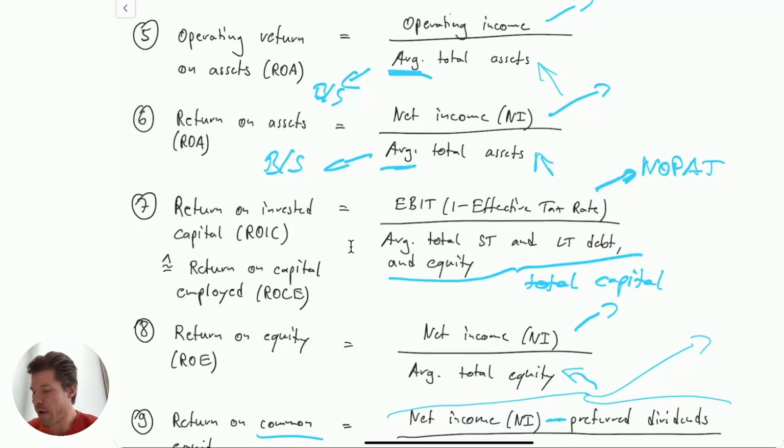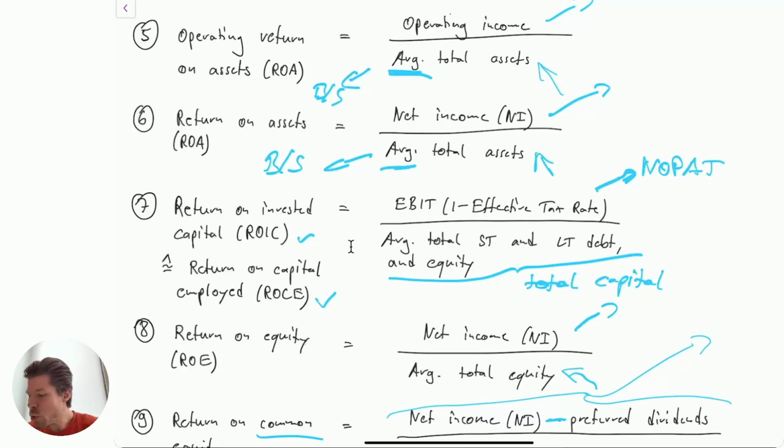There's another one, return on capital employed. Capital employed and invested capital are all the same. I think there are a few minor differences, but 99% of the time you can use them interchangeably. Some analysts say return on invested capital measures how well a company generates profit from both equity and debt capital, which makes sense. Return on capital employed is similar, sometimes uses EBIT instead of NOPAT and focuses more on long-term capital employed.